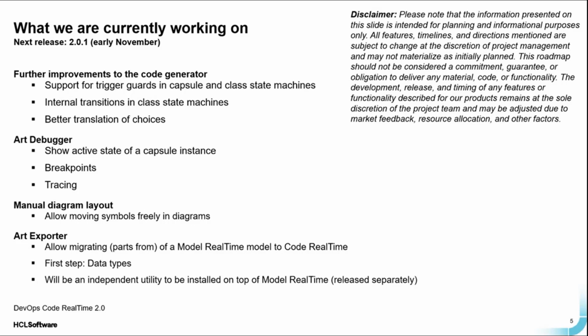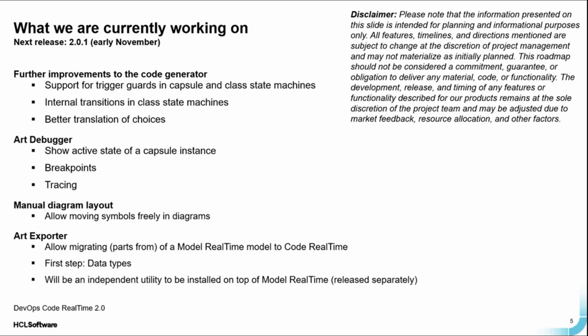They are currently ignored, but we have almost completed that implementation. We also want to support internal transitions in class state machines that are not supported right now. And we have improved and a bit redesigned the way we translate choices to make them better. So that will also most likely go into the next release.